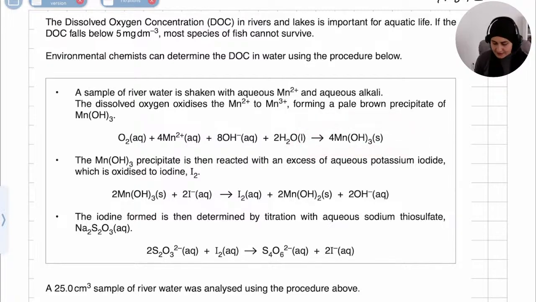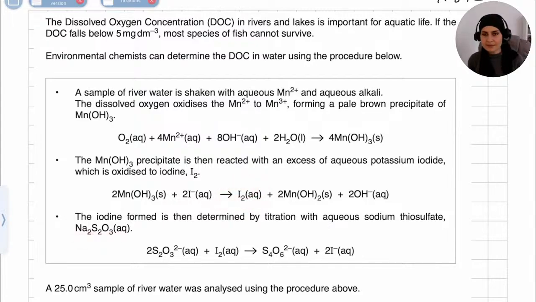And then that MnOH3 is reacted with excess potassium iodide, which is oxidized to iodine. The iodine formed is then determined by titration, titrated with Na2S2O3.